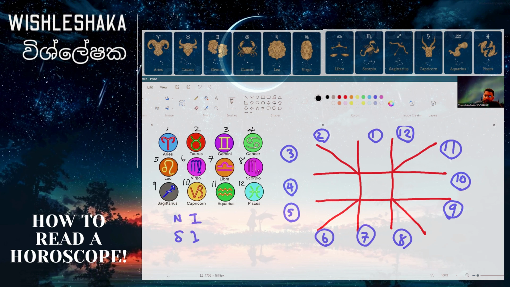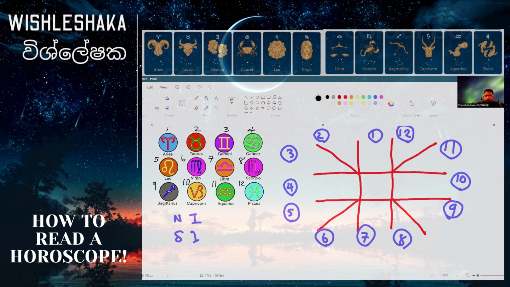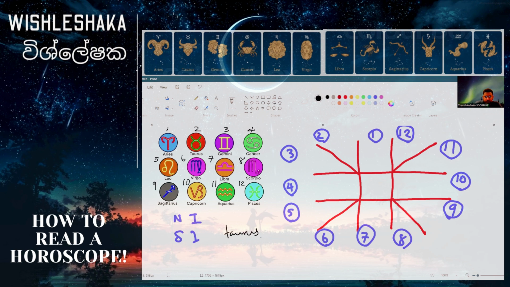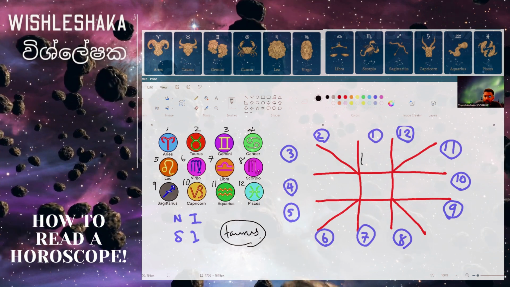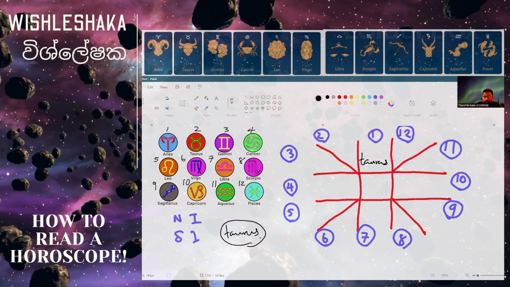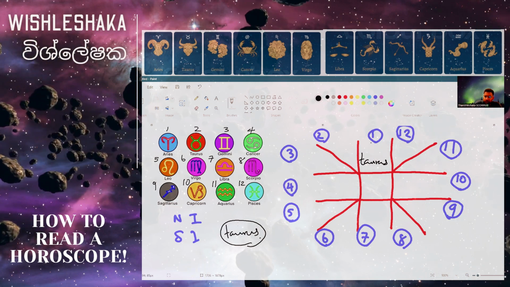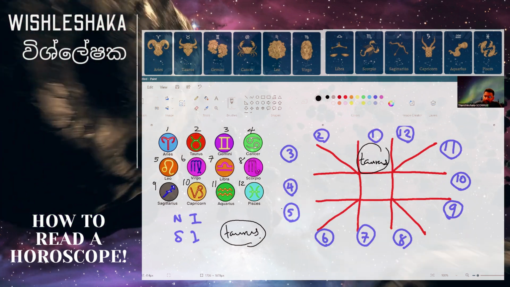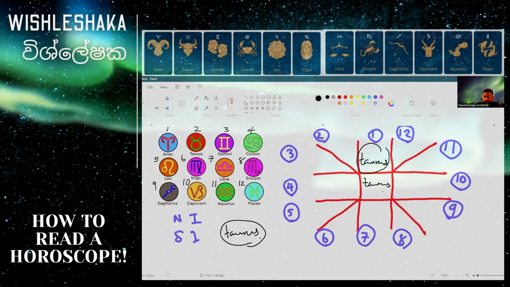So if you know the time of day and you put in the place, let's say you get Taurus. So Taurus is your sign, right? So this should be Taurus now. This is the first house, and the first house should be Taurus. And that person will be a Taurus ascendant.